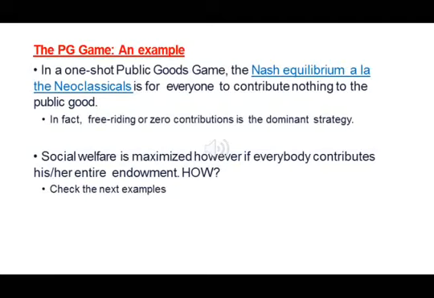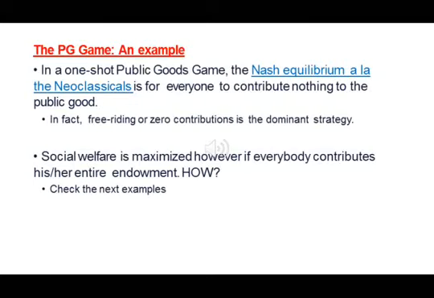So the Nash equilibrium would be for everyone to contribute zero to the public good game. This would be the dominant strategy in a one-shot game, according to the neoclassicals, who assume that everyone is self-interested and everyone knows that everyone else is thinking the same.